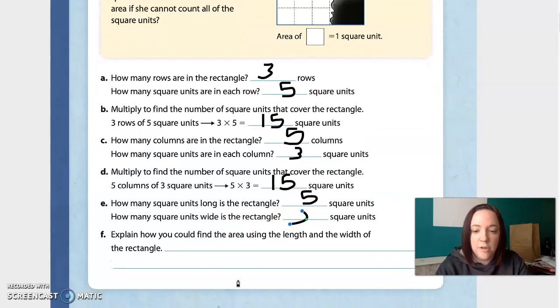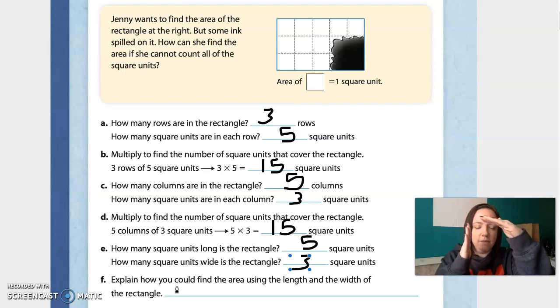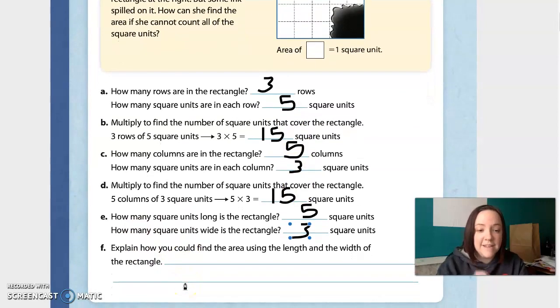And explain how you could find the area using the length and width of the rectangle. So we have the length and the width, right? Now we want to know how we can find the area using the length and the width of the rectangle. Well, let's look. We have 3 rows of 5, right? So now we know that we have 5 columns, 3 rows.